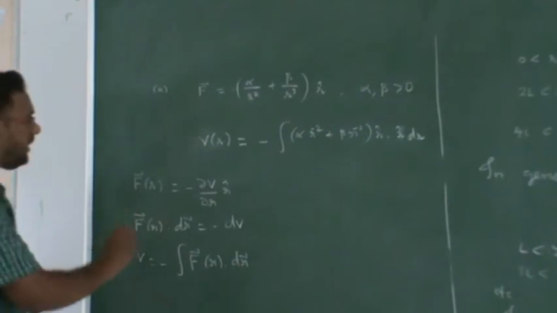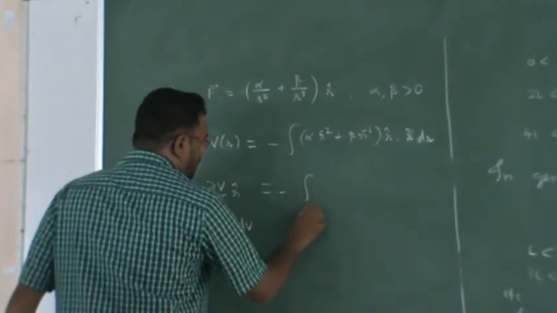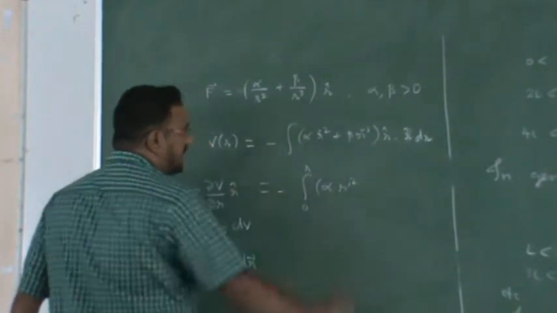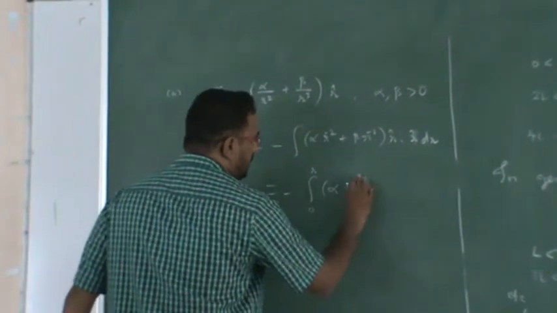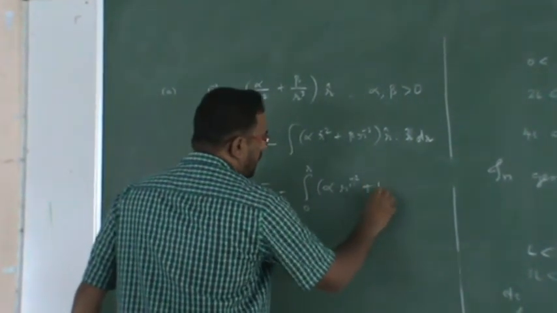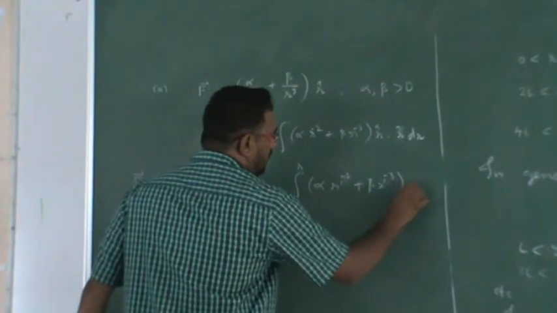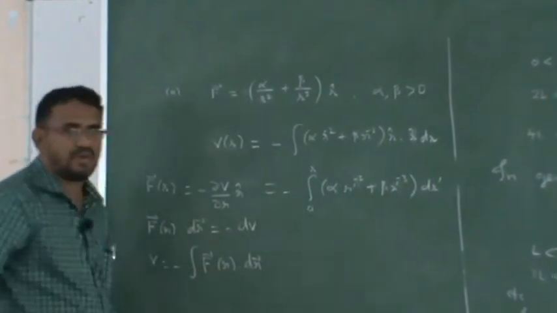This is simply an integration, from 0 to some r, and I take the variable as a dummy variable, so I can put r prime, minus 2, dr prime. What is the integration of r power minus 2?